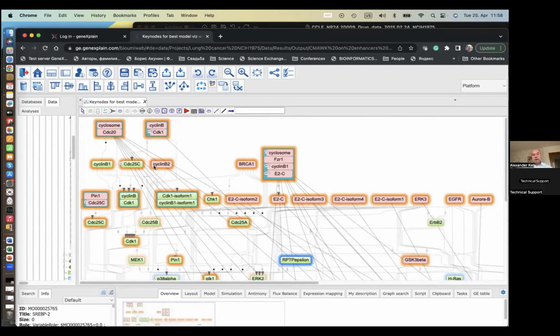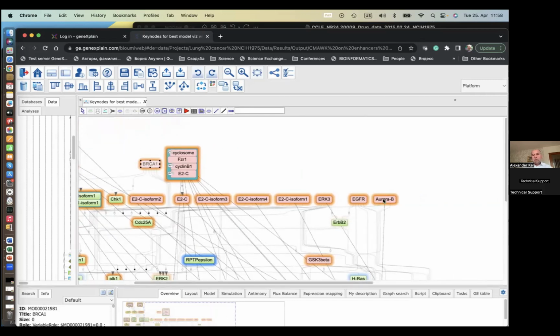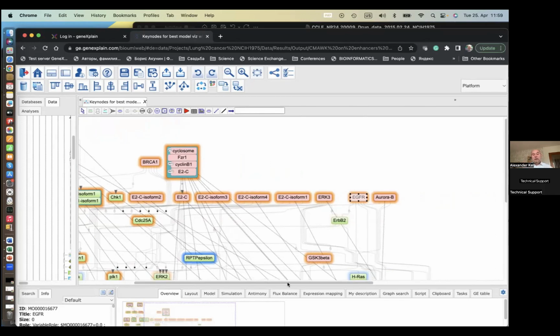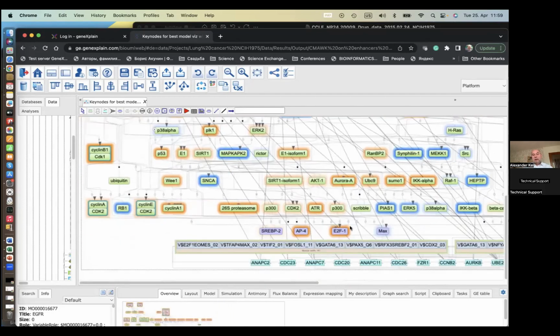For instance, you see here cyclin B, BRCA1, other transcription factors, Aurora B, and EGFR. So very well-known genes which are involved and which are markers of prognosis, which are actually related to the therapeutic targets. But in this particular case, in this particular cell line, we found them very important as potentially regulating the activity of those transcription factors.